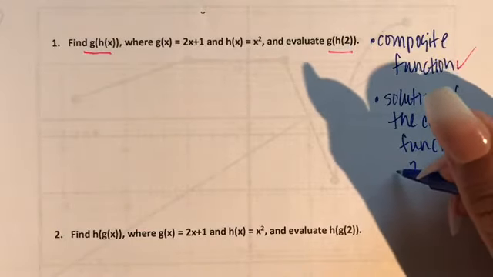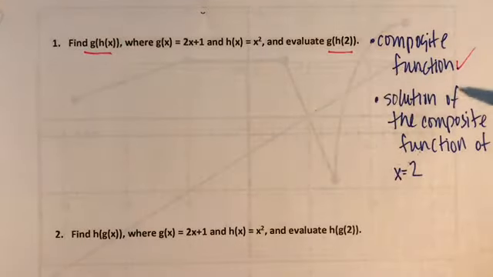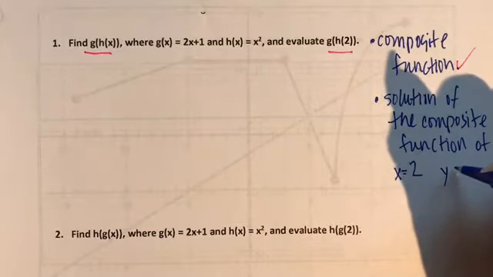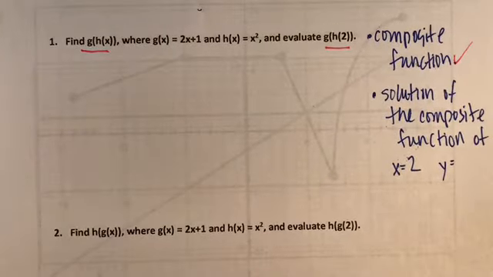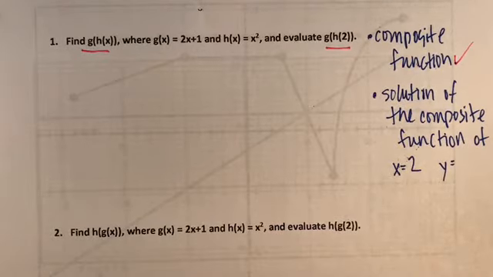So this is like saying that your new x equals 2, and it wants you to tell me where the y is. So let's do the first part, now that we have all that worked out.